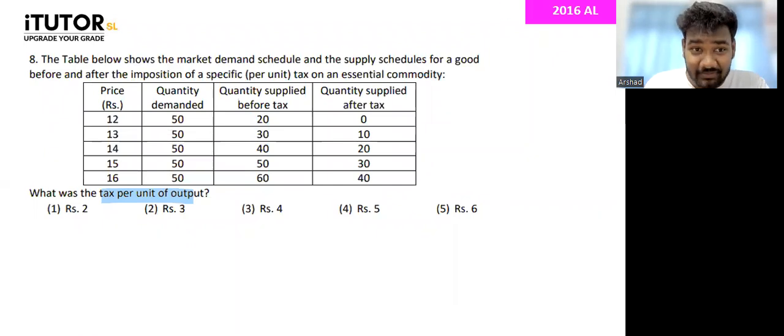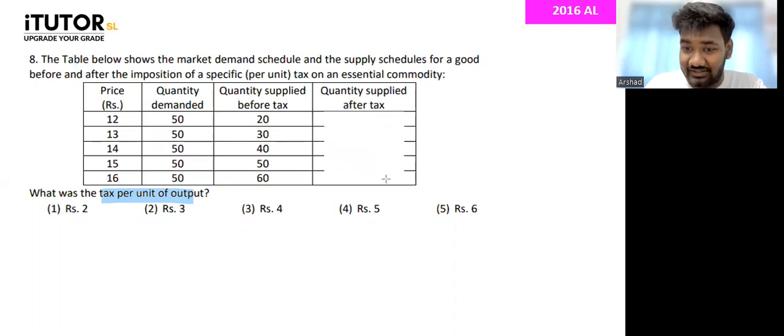Remember, in class, I taught you how to adjust the supply schedule once a tax is put, how to come up with this quantity supplied after. You remember the steps. I taught you: find the amount of the unit tax, find two prices with the difference of the tax.